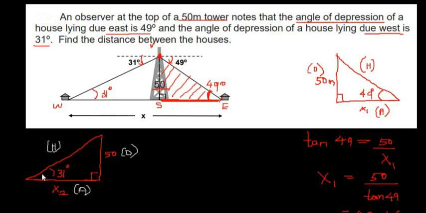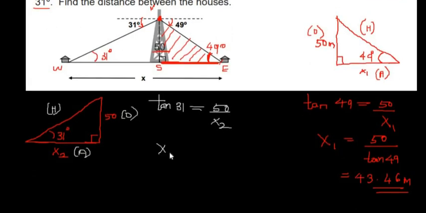Since we do not have the hypotenuse again, we cannot use SO and CAH. Let us use tan. So we write tan of 31 degrees is equal to opposite, which is 50, over adjacent, which is x2. Now to find x2 we write it as 50 divided by tan of 31 degrees.